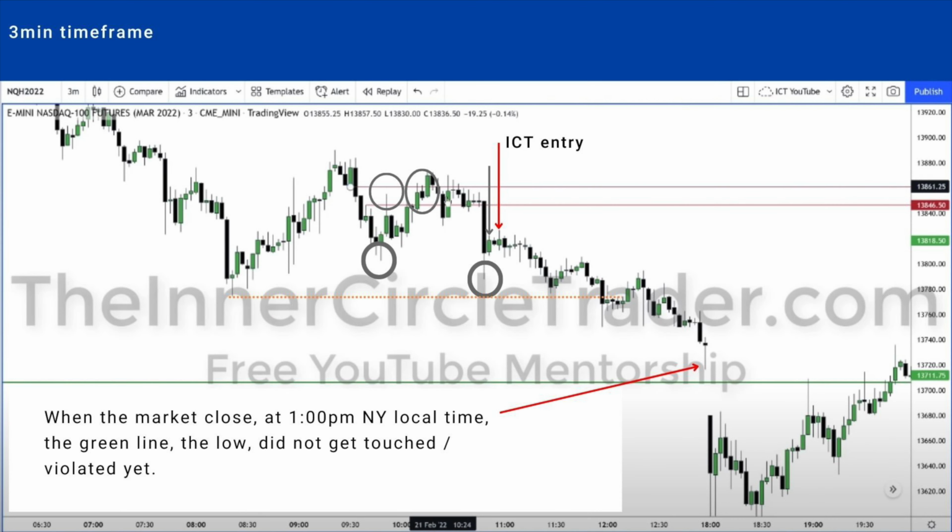Where you see the very long red arrow is when the market closes at 1 p.m. New York local time. That's because there is, if I have understood correctly, a non-working day, so the markets are closed. But the price did not go yet below the green line. The low did not get yet touched or violated. ICT believes that the price will go down and he keeps holding the position.